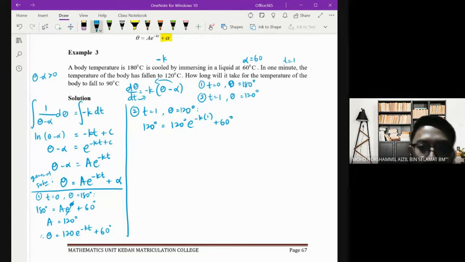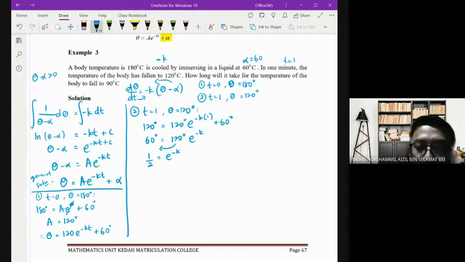Right? So we bring 60 to the left hand side. So 60 equals 120 exponential negative k. Okay, so we bring 120 to the left hand side, becomes 1 over 2 equals to exponential minus k.